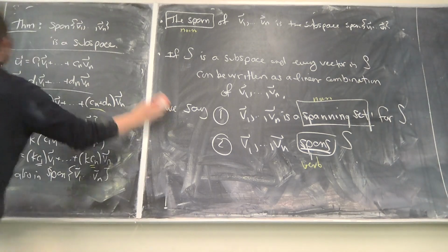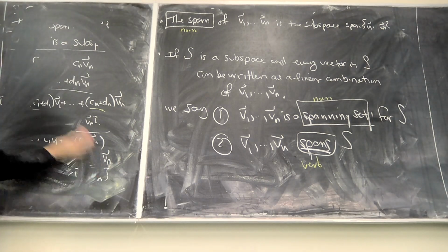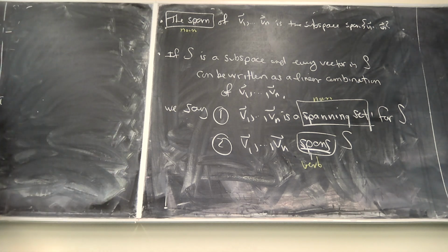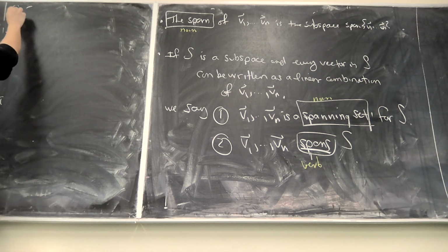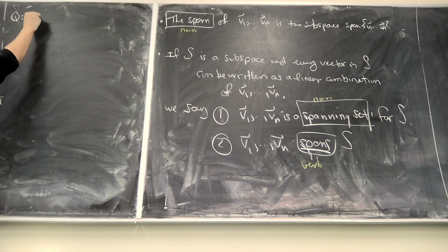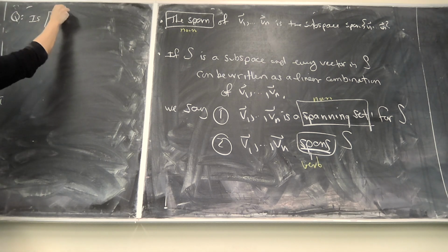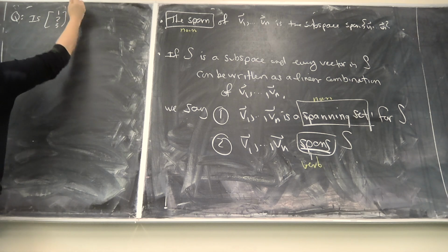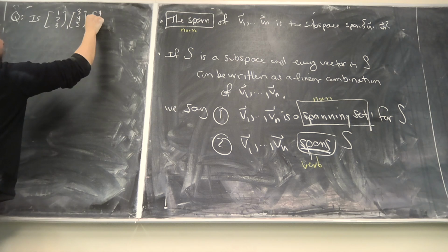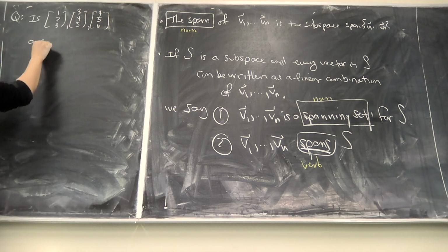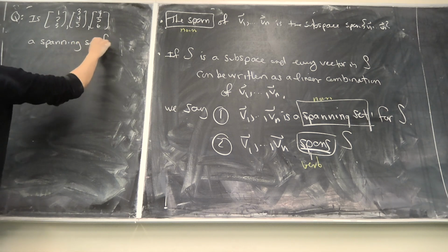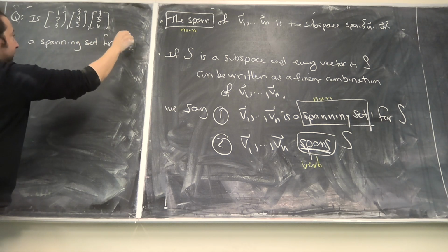Okay, so let me see if I can give some examples. Let's make them super concrete about this. So first, I might ask the following question. Question is, is (1, 2, 3), (3, 4, 5), (4, 5, 6) a spanning set for R3?